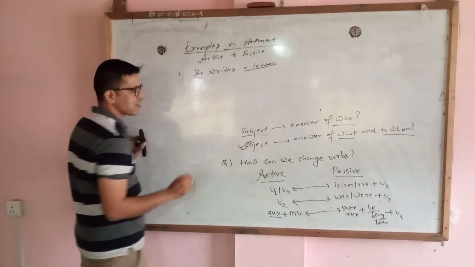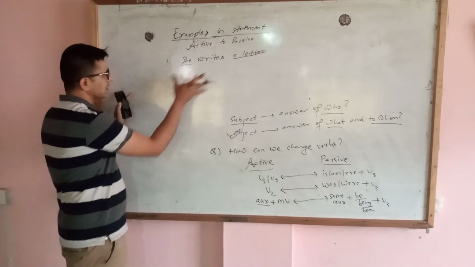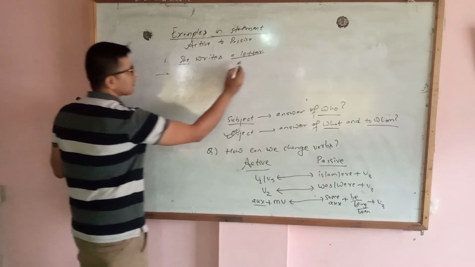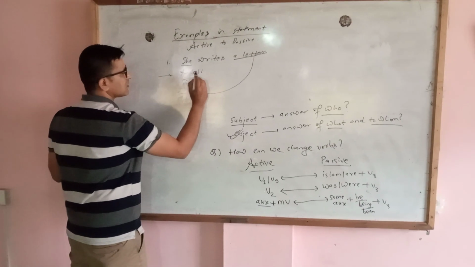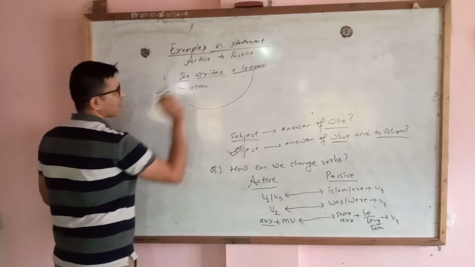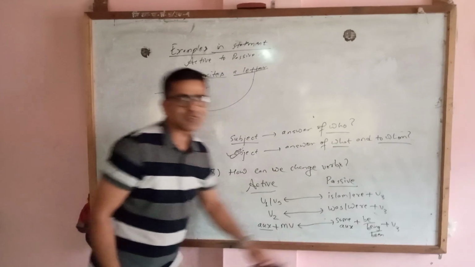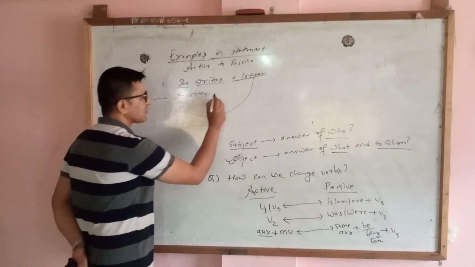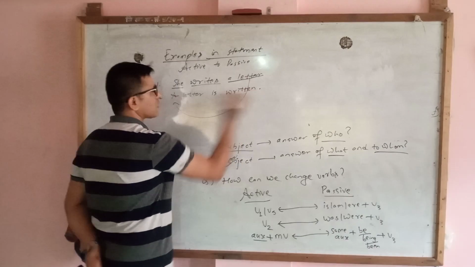A letter. I told you the answer of what or to whom should be taken from the back to the front. So a letter should be taken to the front. And look at the verb, main verb, V5. V1, V5 is changed into is, am, are plus V3. So a letter is written.